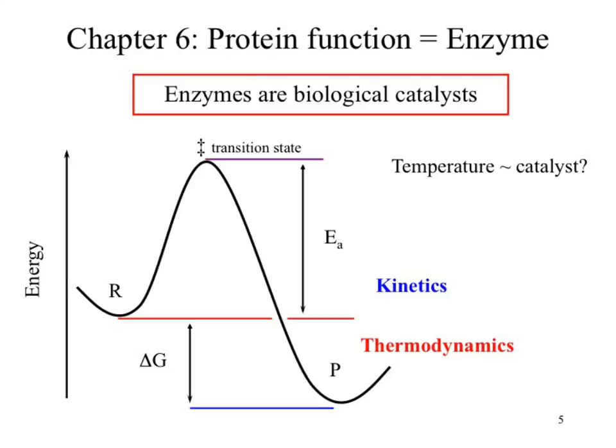What would it change? The activation energy. It's going to change the activation energy. How does it change the activation energy? Okay, it does lower it, but does that mean it just does this? Typically not.